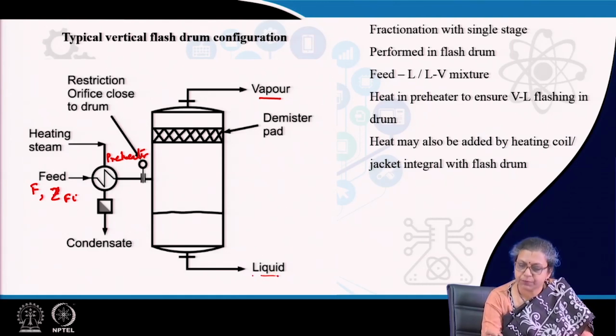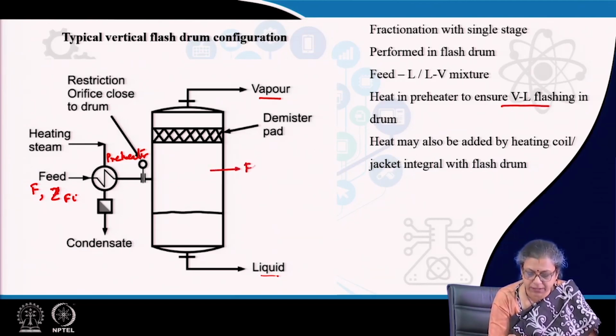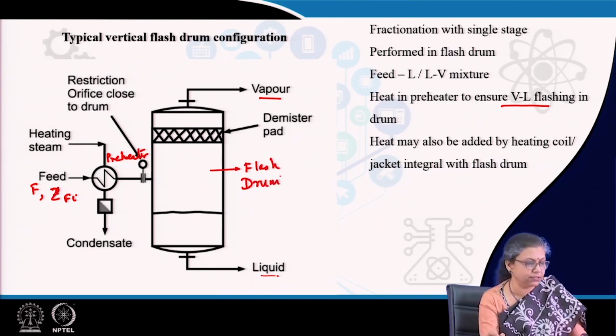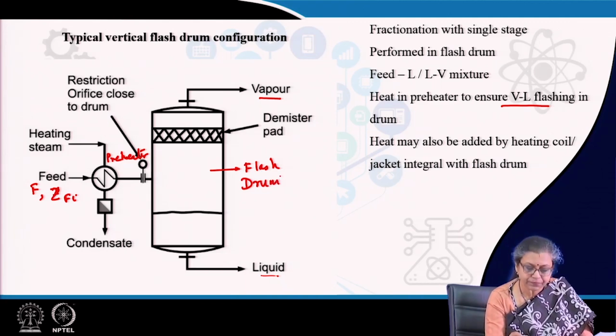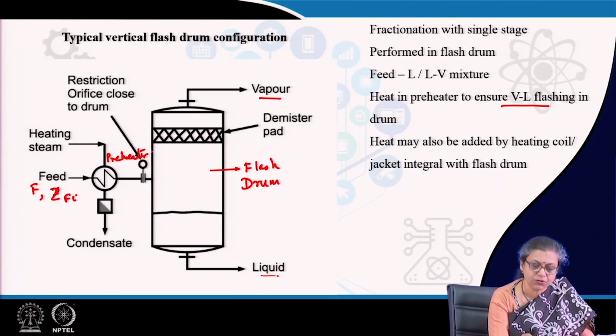So, the feed preheater is required in order to ensure that vapor liquid flashing occurs in the flash drum. The equipment used for flash distillation is usually called the flash drum. Instead of the preheater, we can also supply heat inside the flash drum by either inserting coils or maybe by a jacket.